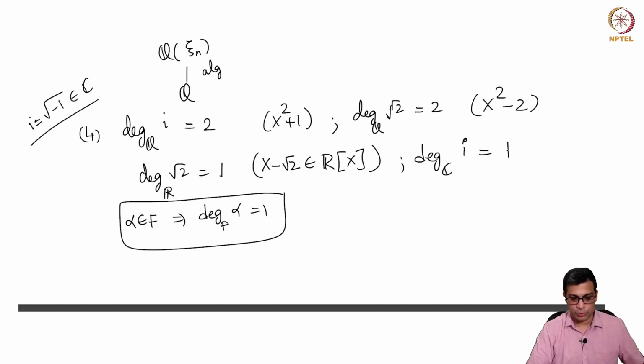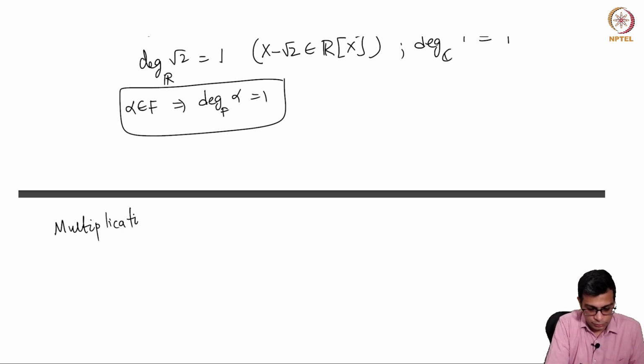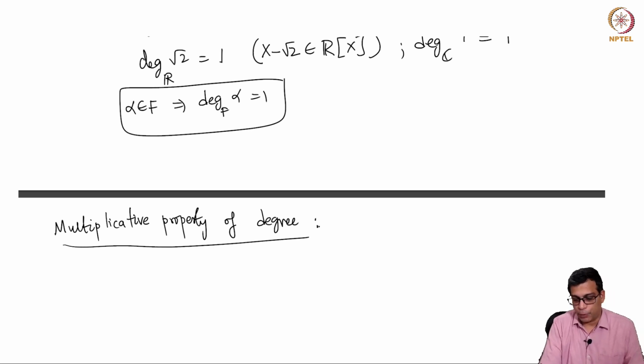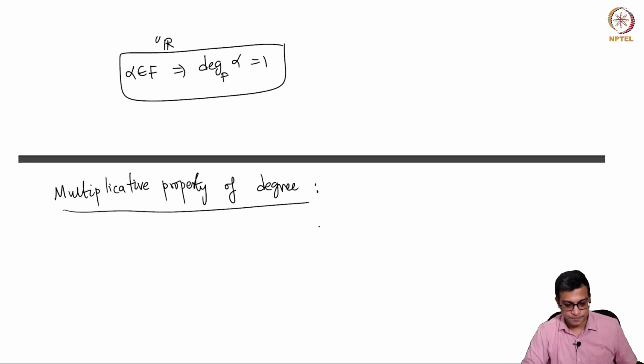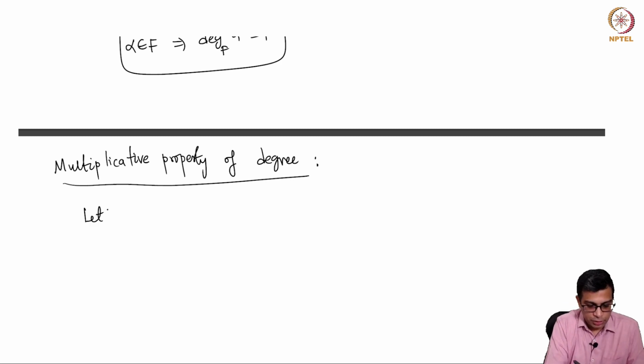And the final thing that I want to mention here is the multiplicative property of degree. This is an important result for us which we constantly use. So this says, let K, L, F be field extensions.